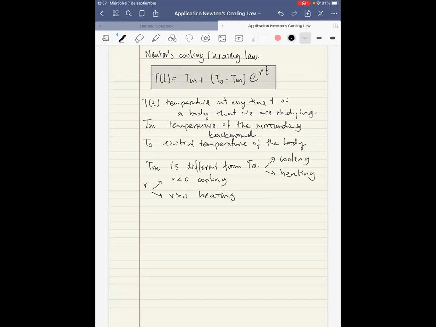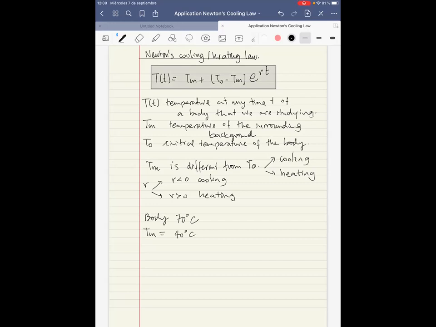So let's apply this law to a specific example. Let's imagine that we have a body that is at a temperature of 70 Celsius degrees. And we're going to put it in a surrounding background that is at 40 degrees. According to our notation, that is Tm, and it's at 40 Celsius degrees.